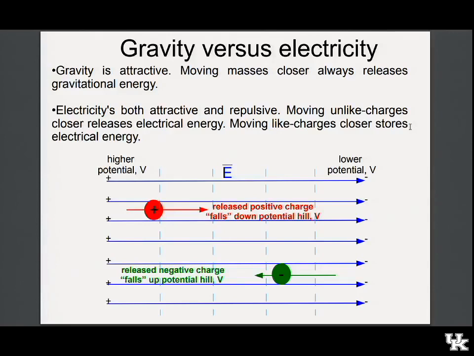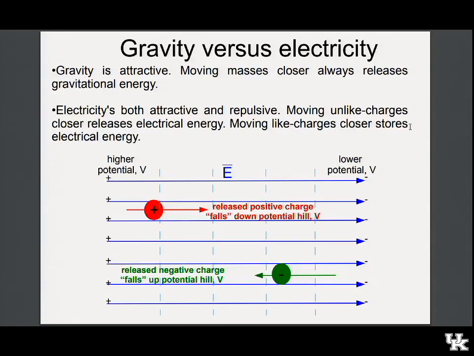Okay. So there's one thing that gets confusing about electrical energy and charges in electrical fields. And that thing is quite different from gravitational energy and masses in gravitational fields.